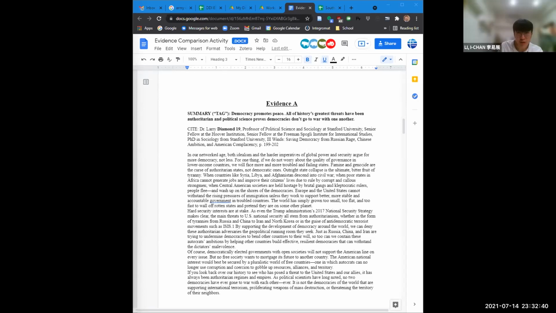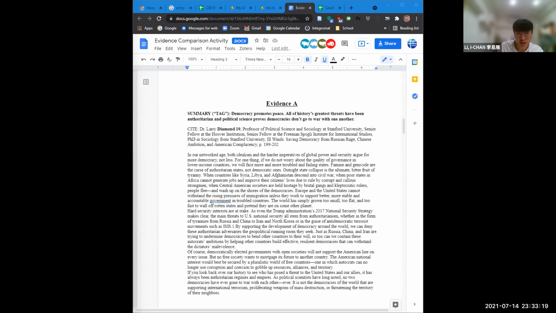Let me go first. Larry Diamond, the author of evidence A, is from Stanford University, while evidence B is from the University of Warwick. Another point is that evidence A gives a lot of examples, while evidence B just stated that the evidence is weak and didn't give a clear explanation about why it is weak.